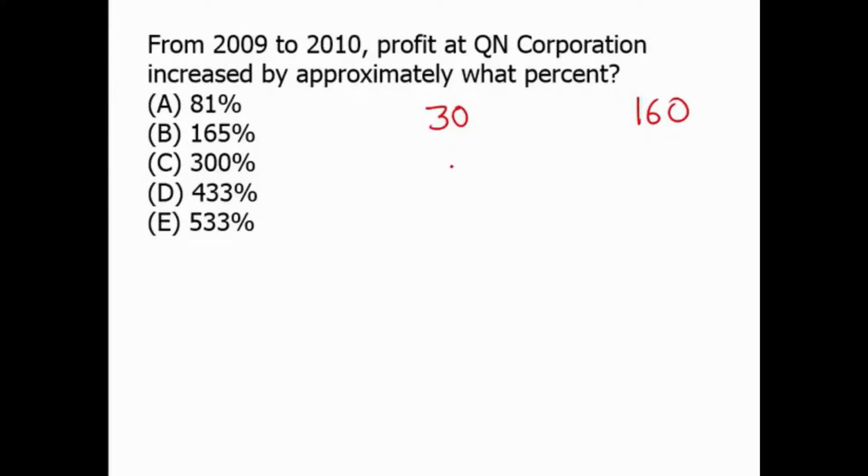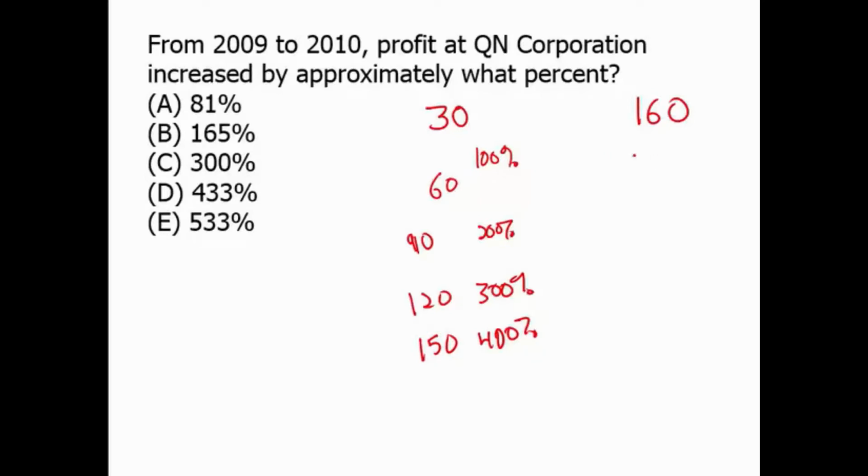We have to be very careful here. Let's think about this. If we increase by 100%, we'd be up to 60. If we increase by 200%, we'd be up to 90. If we increase by 300%, we added this 3 times, we'd be up to 120. If we increase by 400%, we'd be up to 150.